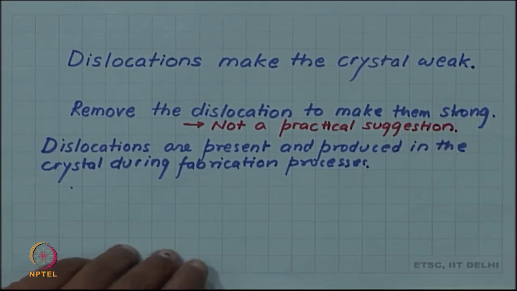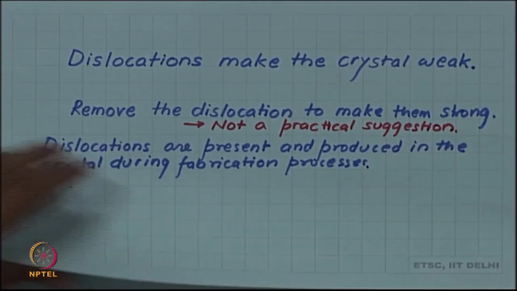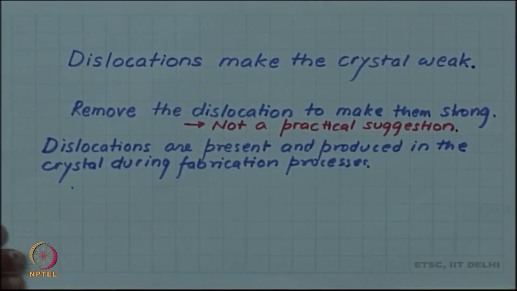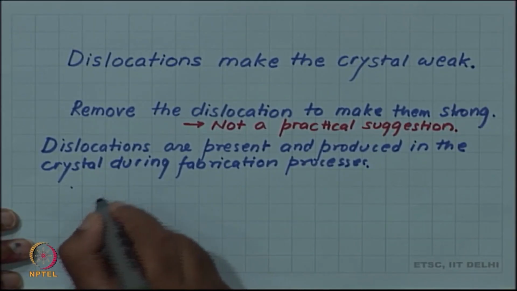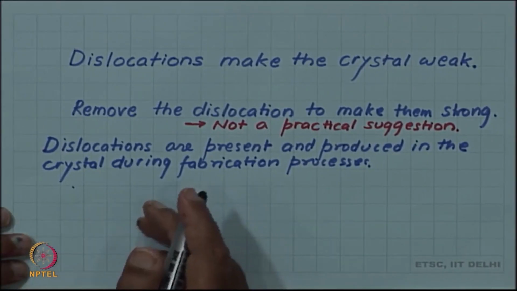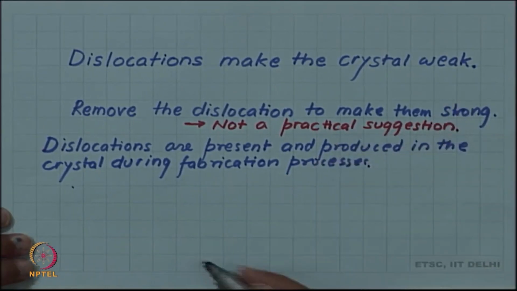So, if we have to live with dislocations, how can we make the crystal stronger? For that, the other alternative is this: the plastic deformation is happening because of the motion of dislocations.